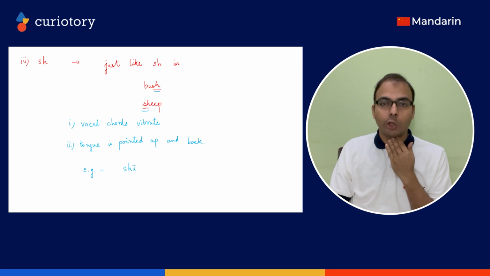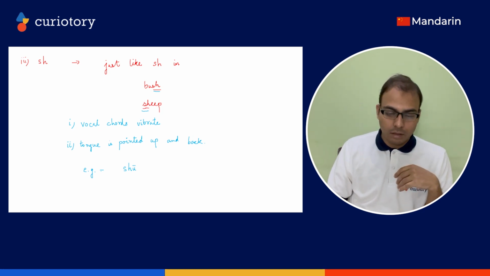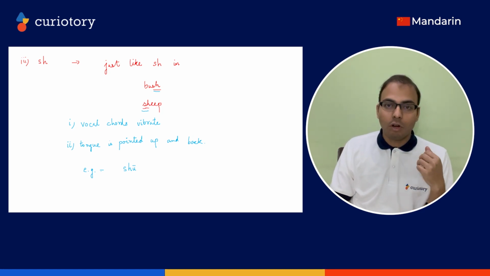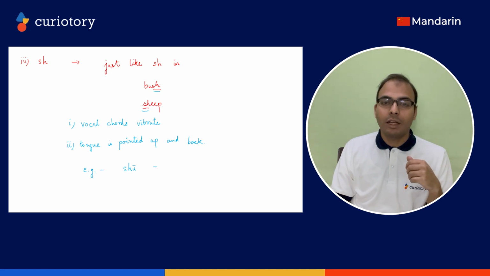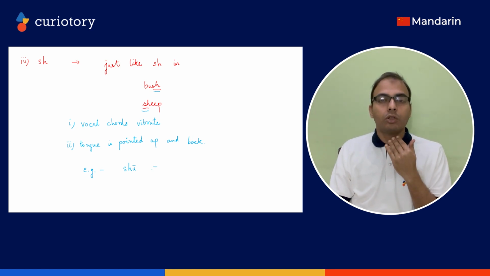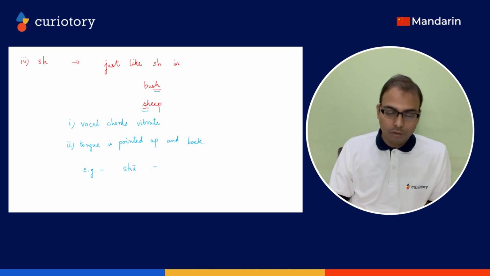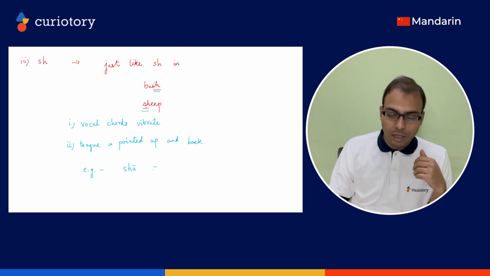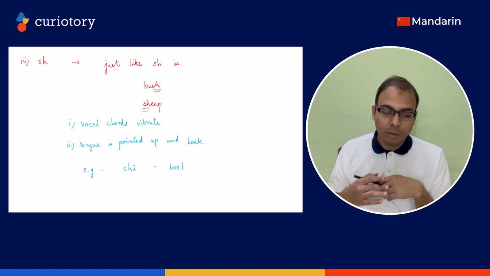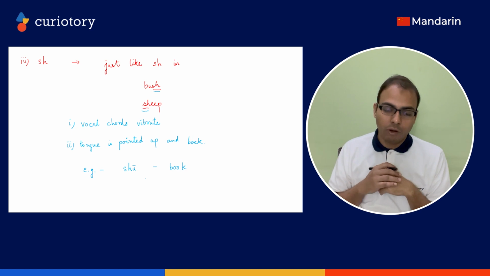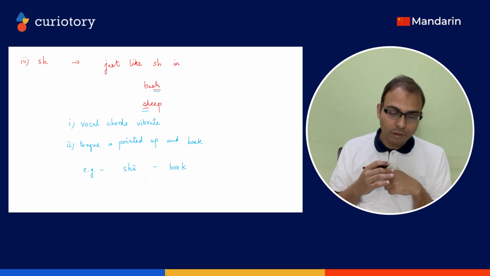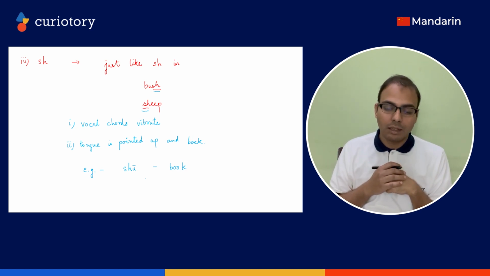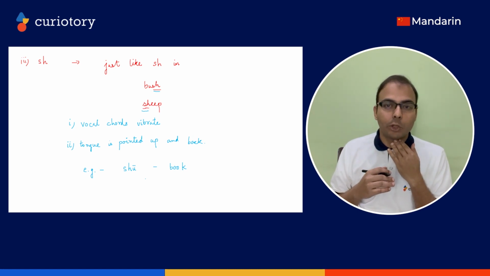Shu with a first tone means book. By this example, I hope SH is clear to you. You have to take care of the two rules, that the vocal cords are vibrating and the tongue is pointed up and back. Once again, shu.